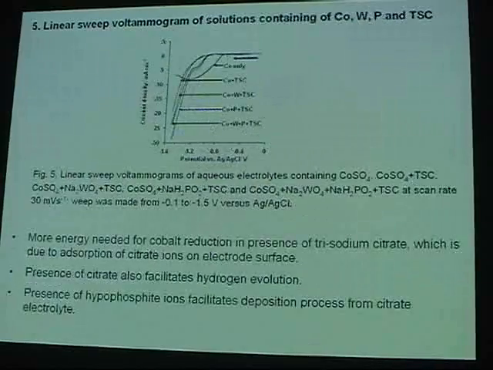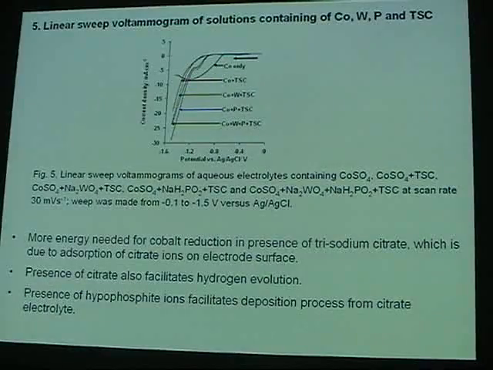And this is the linear sweep voltammogram of various electrolytes containing cobalt only, then cobalt plus trisodium citrate, cobalt tungsten, cobalt phosphorus, and cobalt tungsten phosphorus. With cobalt only, we see the deposition started at this potential. But when we use citrate, the deposition starts around here.